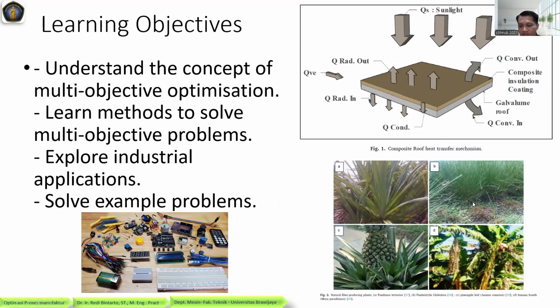This is globulus, and the fiber has a lower thermal conductivity, so it can be used to decrease the temperature of a metal roof when we make it as a composite.